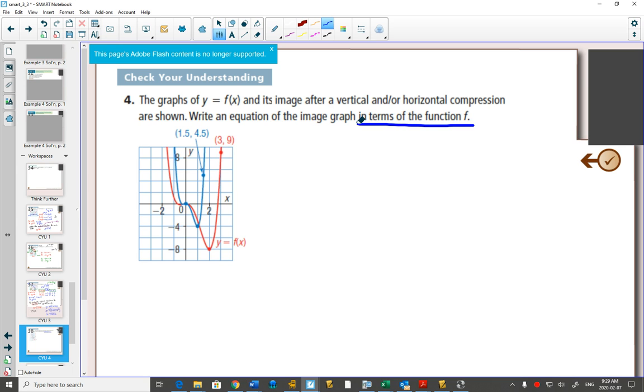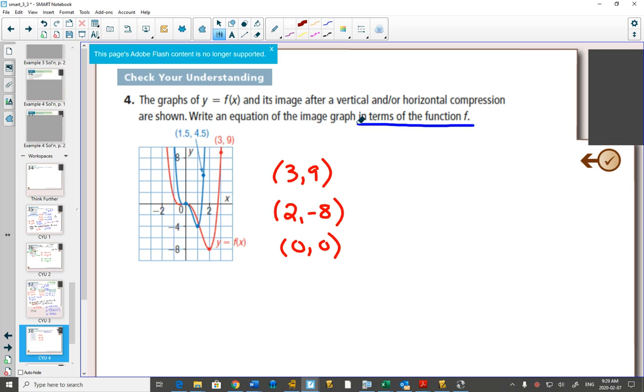Okay, I'm going to say, well, let's look at what's happened. Would you agree that they tell us that (3, 9) is on our original graph? We've got (2, -8) on our original graph, and (0, 0) on our original graph. Those are the 3 points that are given.